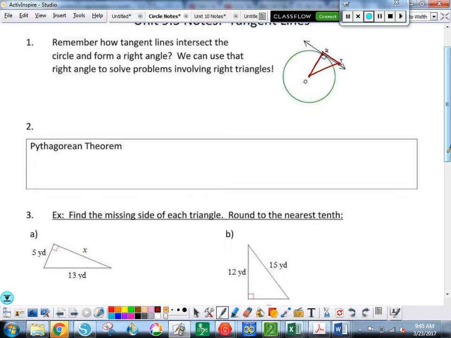We've done it before, maybe it's been a while. You learned it last year, you've done it this year. The Pythagorean theorem says a squared plus b squared equals c squared. If you said that out loud, give yourself a point. Where c squared has to be the hypotenuse, the other two don't really matter.